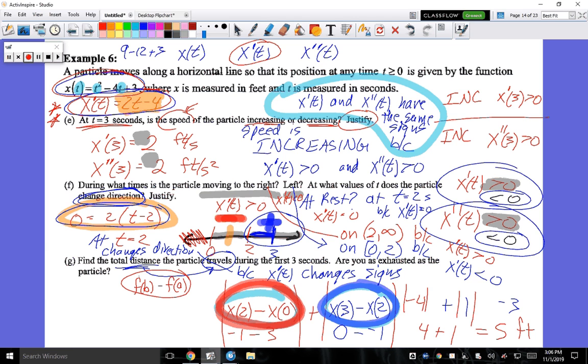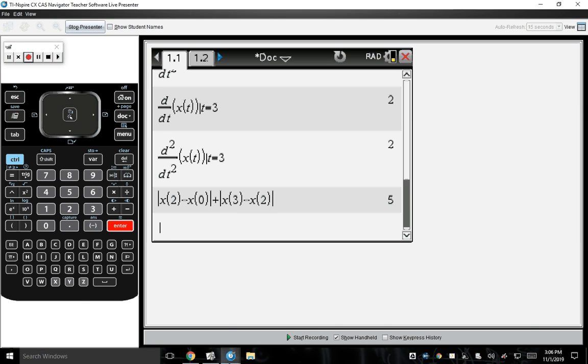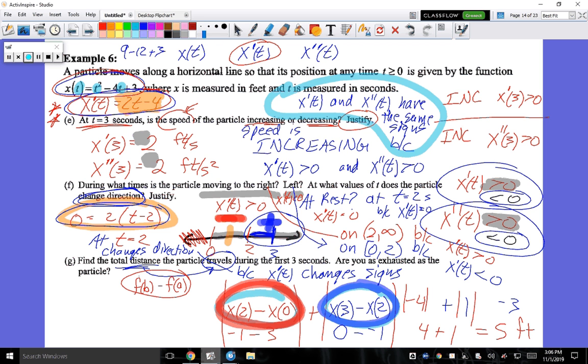Now, real quick, just to check it another way, there's an equation dealing with integrals that we're going to use second semester: if we take the integral with respect to t of the absolute value of the velocity function, from 0 to 3, which is what we're looking for in these first 3 seconds, this will do all of this work immediately.